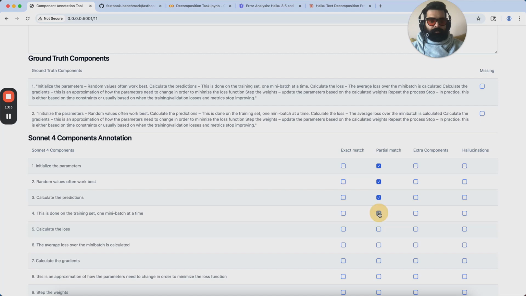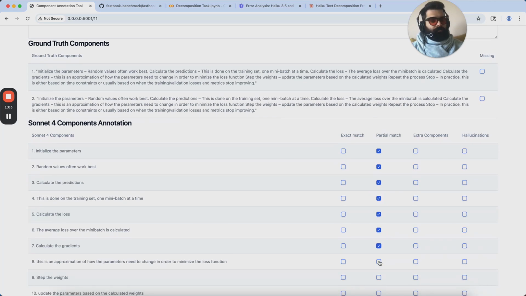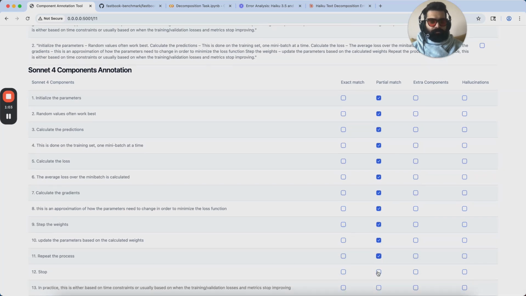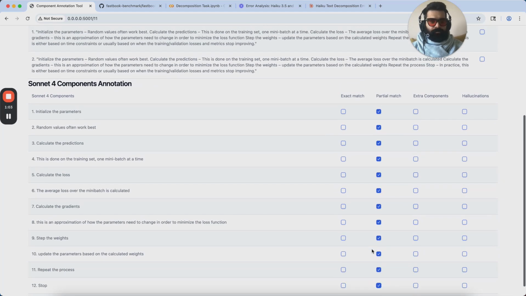Predictions, training set, calculate the loss. Step the weights, update the parameters, repeat the process, stop in practice.